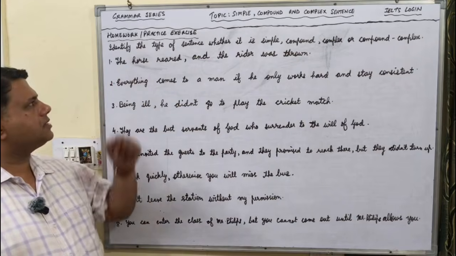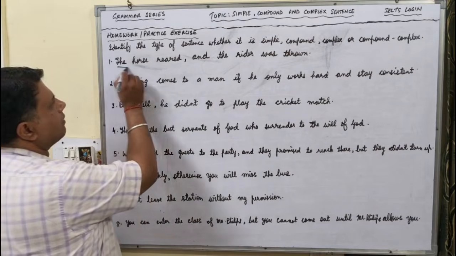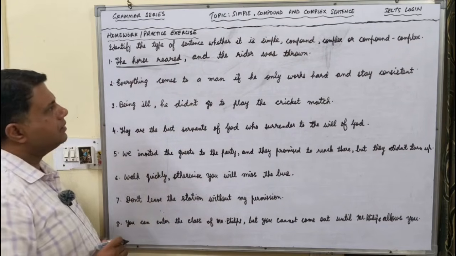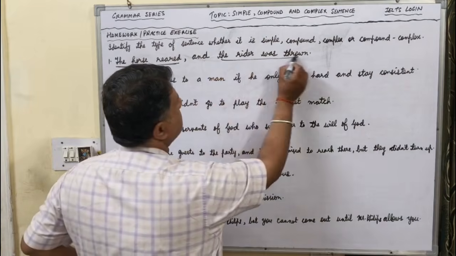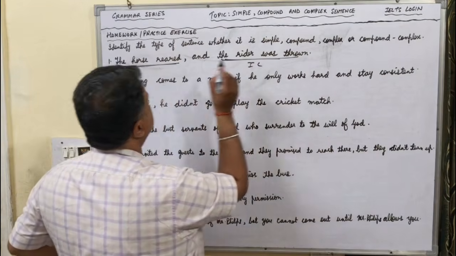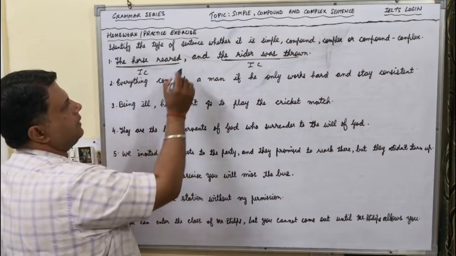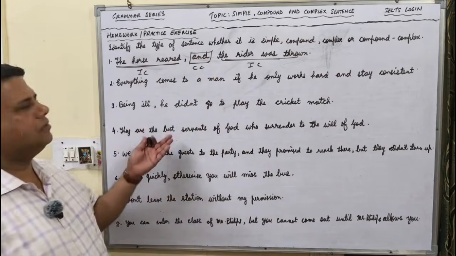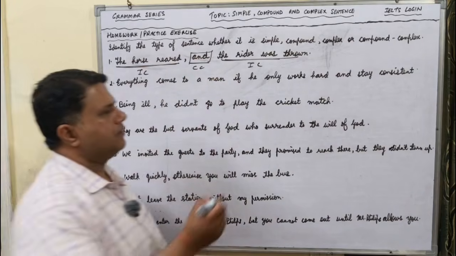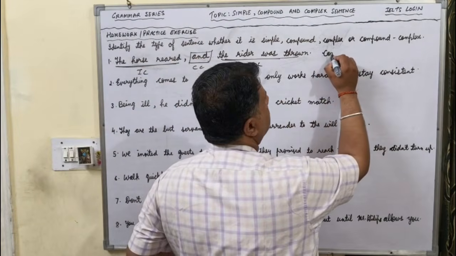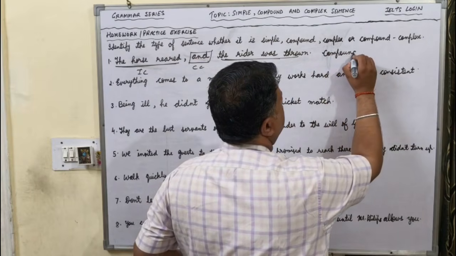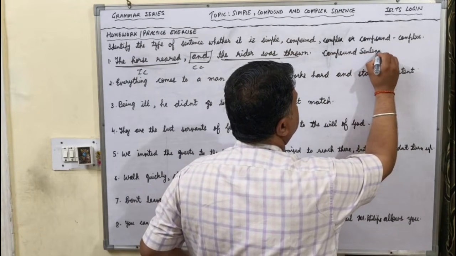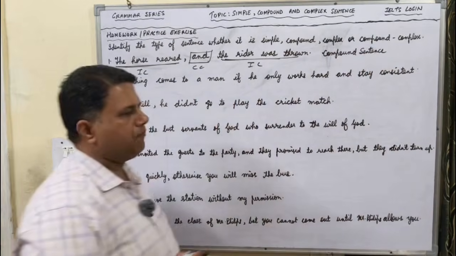The horse reared is one independent clause. The rider was thrown is another independent clause. And is the coordinating conjunction. So this is a compound sentence.